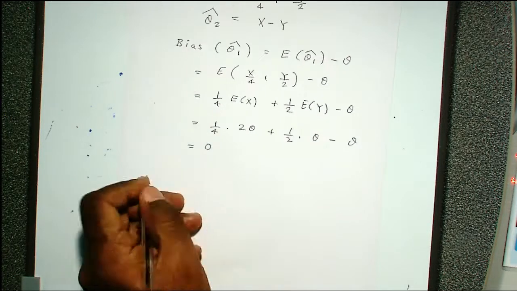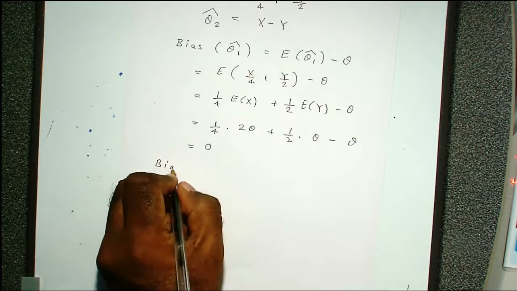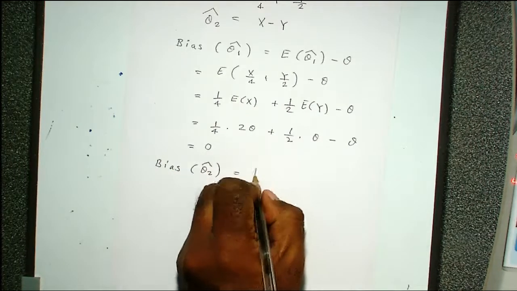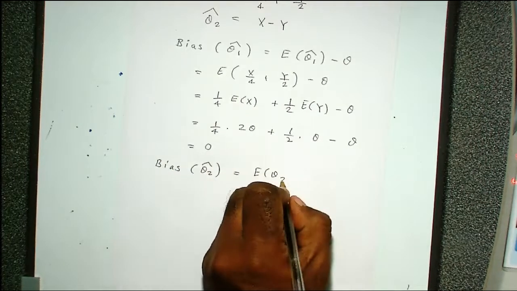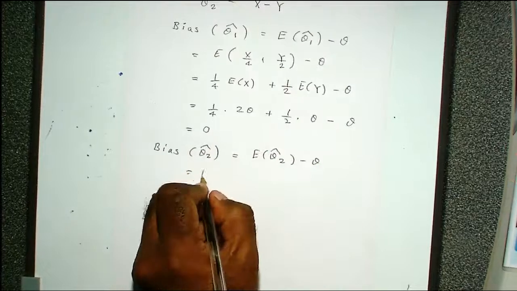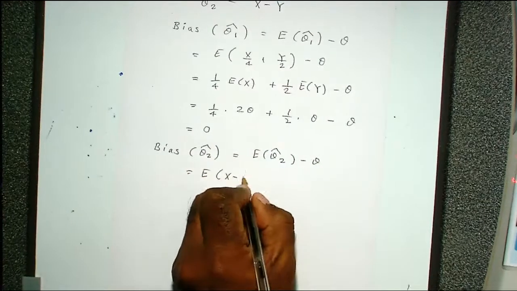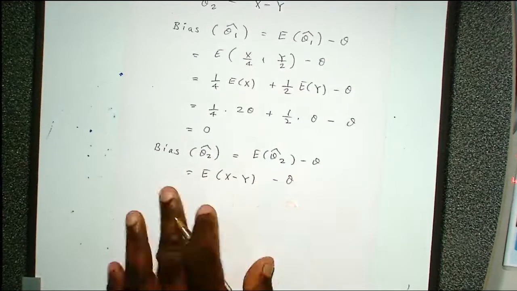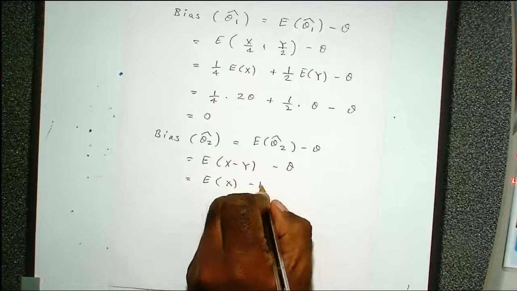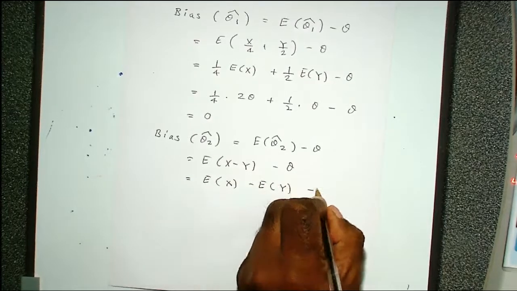And similarly, to find the bias of theta 2 hat, you do the same kind of thing. This is the expectation of X minus the expectation of Y minus theta.